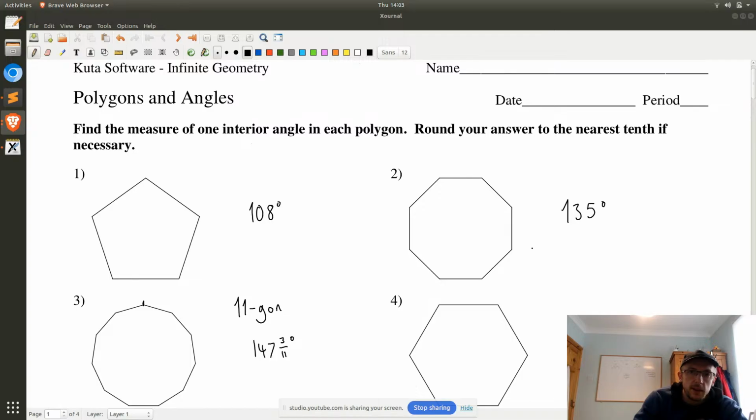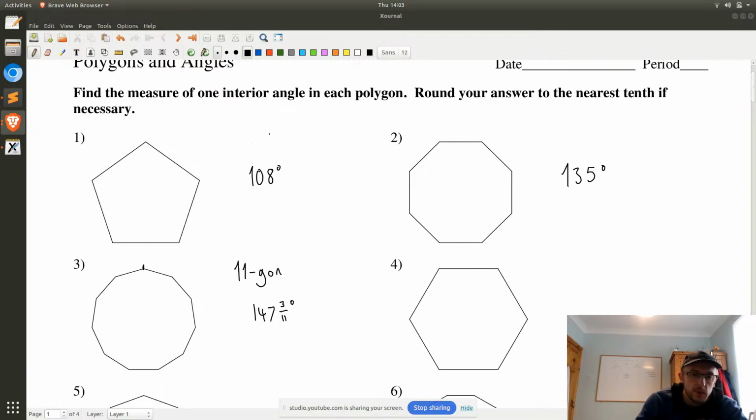Yes, but they want it to the nearest tenth. All right. So I know that dividing by 11 gives you 0.090909 forever and ever. No, it doesn't. It actually gives you that. And make this approximate.